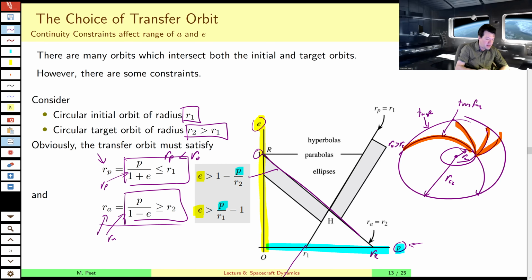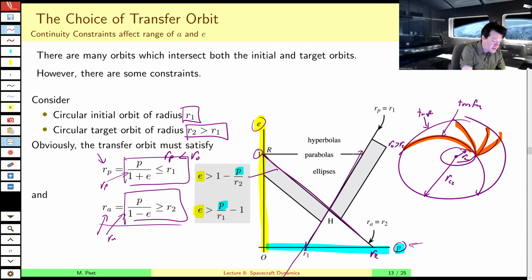So these are the constraints on eccentricity. We've got another line, minus 1 intercept, slope of 1 over R1. And the intersection here, at E equals 0, is just P equals R1.